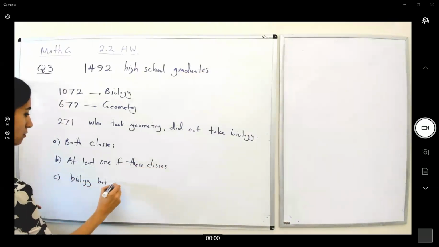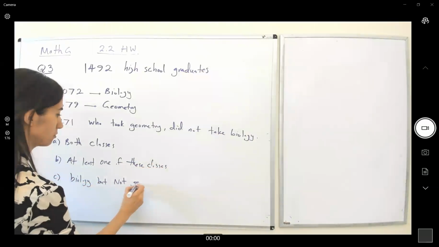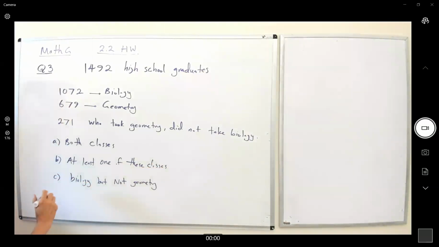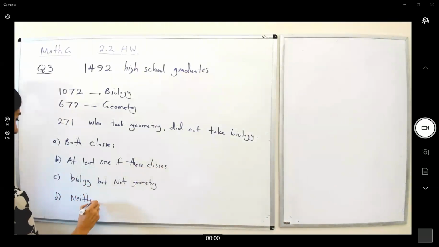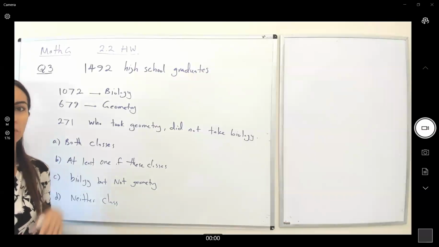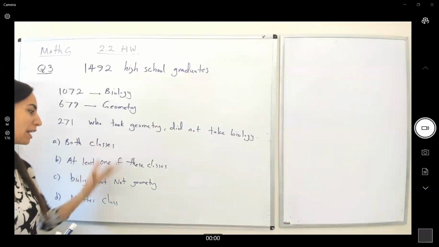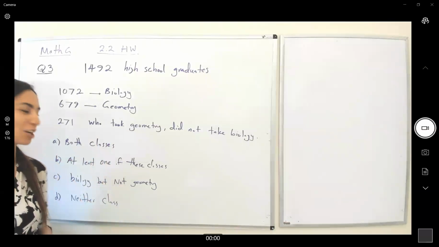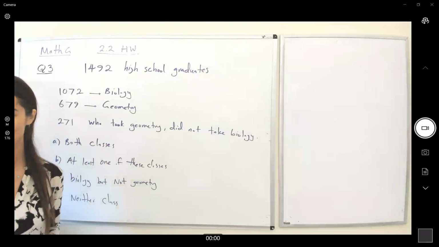And finally, D, neither class. Well, our goal is to form the Venn diagram. Then, by analyzing the Venn diagram and looking at these wordings, we try to find the cardinality of each of these sets.